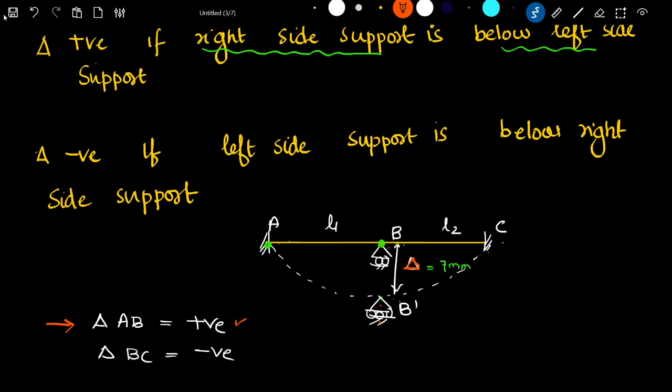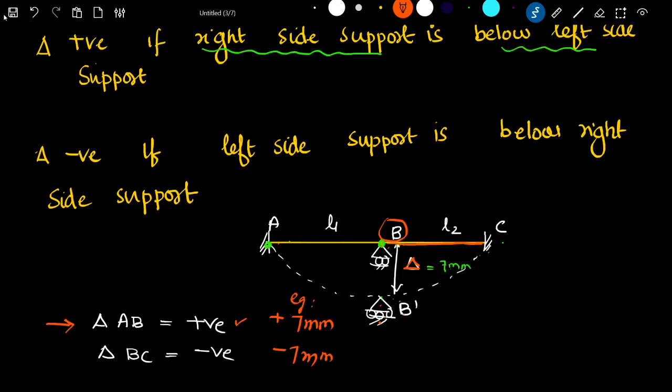And in case of beam BC, the left side support, that is B, is below the right side support because B is sinking here, so we take it as negative. So if delta is 7 mm, you will write it as plus 7 mm in case of delta AB, and delta BC will be minus 7 mm.